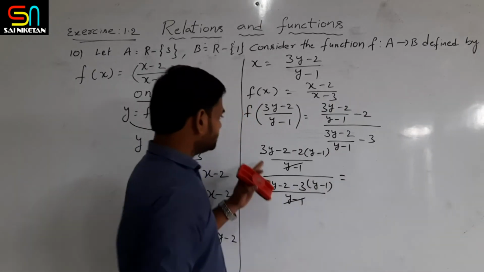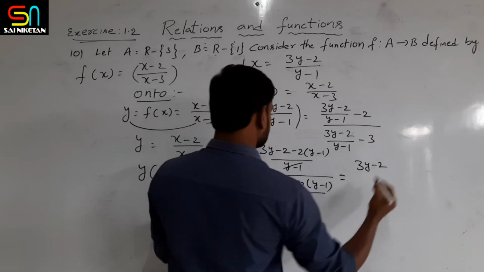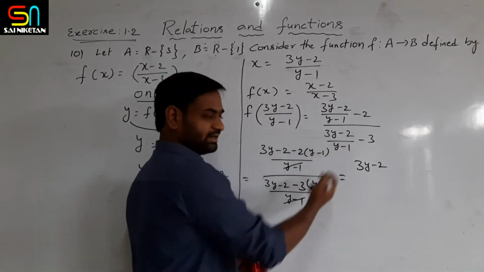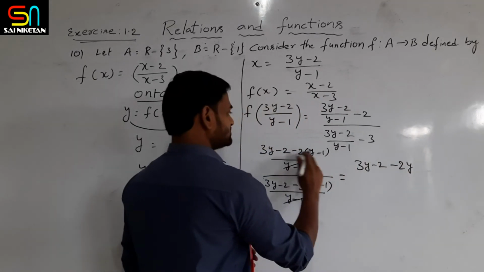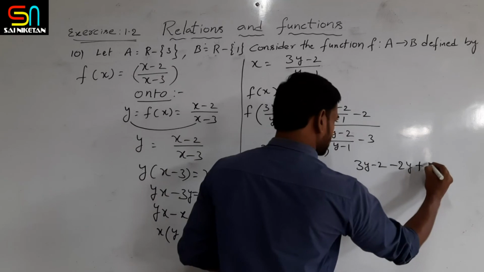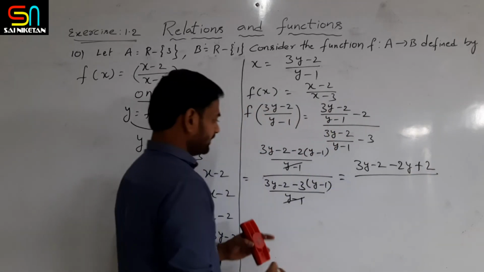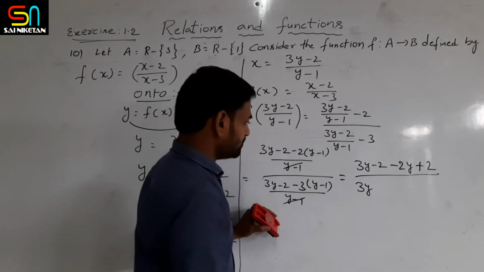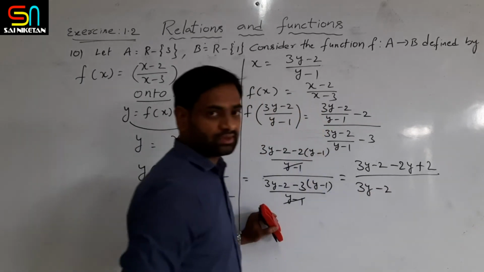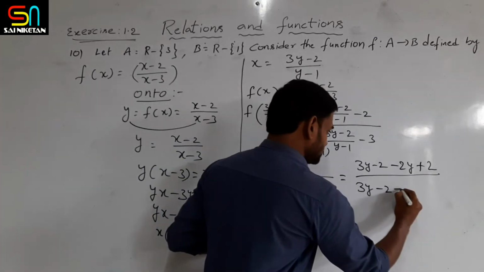Now what is the remaining here? That is 3y minus 2, multiply minus 2 inside, that is minus 2y, minus into minus plus 2 into 1, 2, whole divided by 3y, same. Next minus 2, same. Next multiply 3 inside, that is minus 3y.